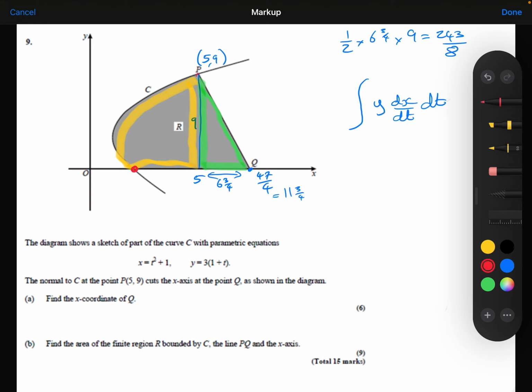We already know the t limit at point P was 2. So we know that our upper limit of t is 2. At the lower limit, we know that's where y equals 0. So if we look at our y function, we can see that's going to equal 0 when t equals -1. So that's our lower limit for t.